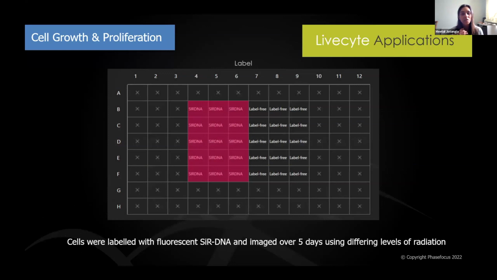So we had cells which were labeled and also cells which were unlabeled, and these were imaged over a 5-day period on LiveCyte. In addition, we also wanted to look at several different illuminations to see how that might also be impacting cell behavior.